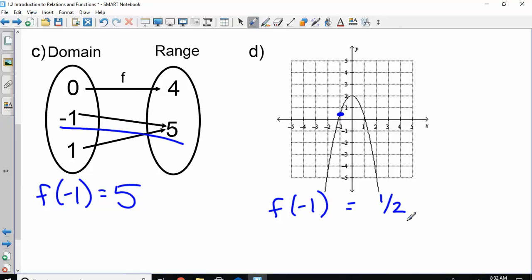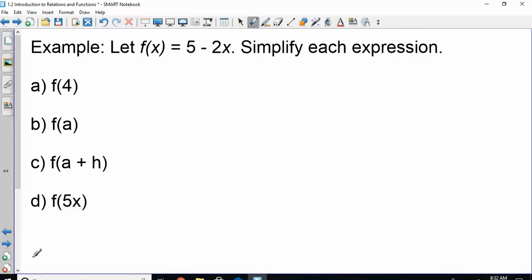Are those okay? Last slide. Here's my function. F of x equals 5 minus 2x. And we need to find each of these things.